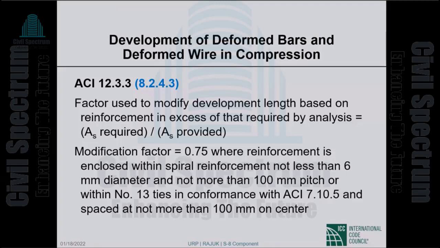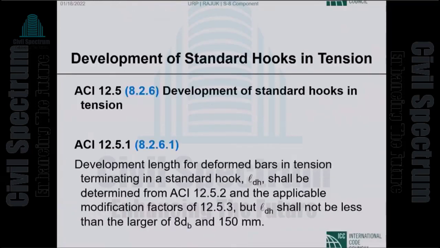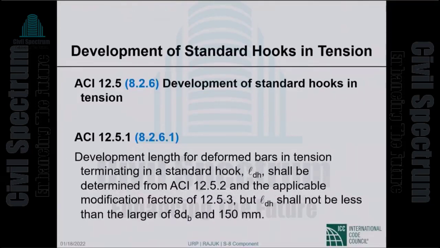So number 13 or larger diameter bars, ties rather, at no more than 100 millimeters on center. So if you have confinement of one kind or another, you have a modification factor of 0.75, your required compression development length goes down. Okay.